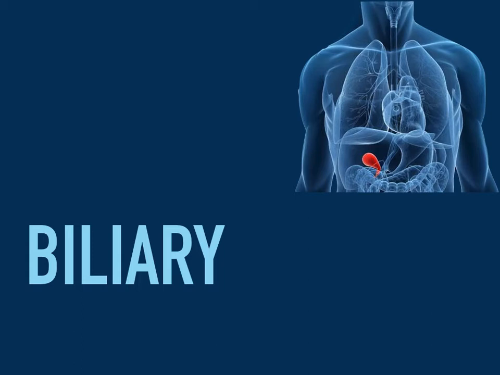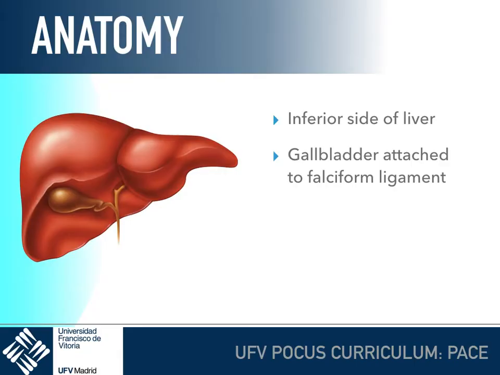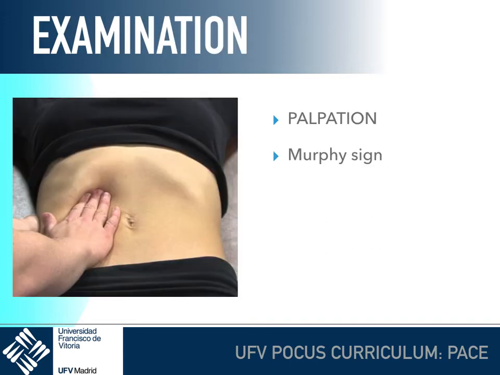Biliary. We are more sensitive than clinical exam to assess the gallbladder. The gallbladder is supposed to be in the inferior side of the liver, attached to the falciform ligament on its inferior side. The classical way to examine the gallbladder is by pure palpation. And there's the Murphy sign, in which we are evaluating inflammation of the gallbladder.